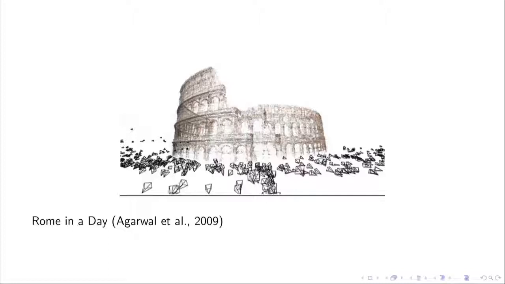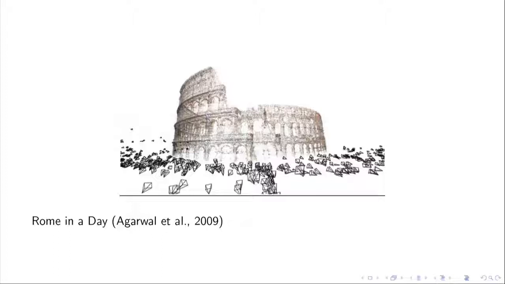One way to think about where this project came from is that there was an earlier project called Building Rome in a Day. They had this cool idea that there are all these pictures online, so what if we take all these pictures that people post online and use them to recreate 3D images of Rome?